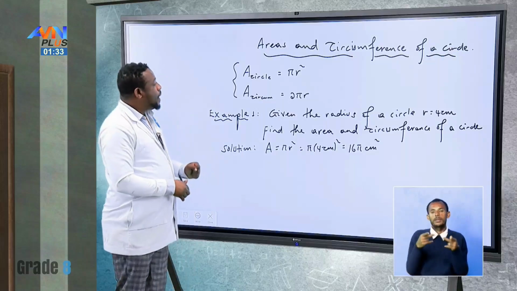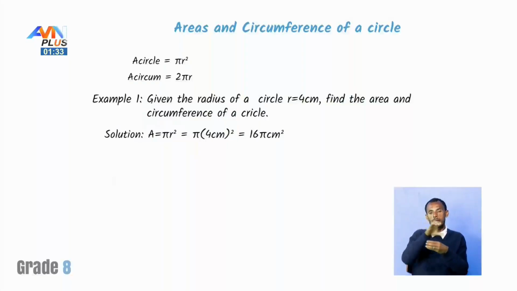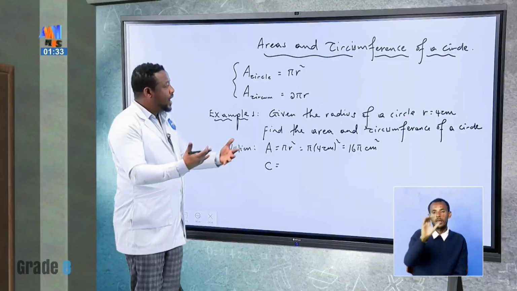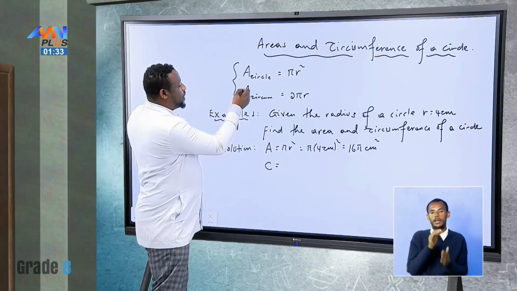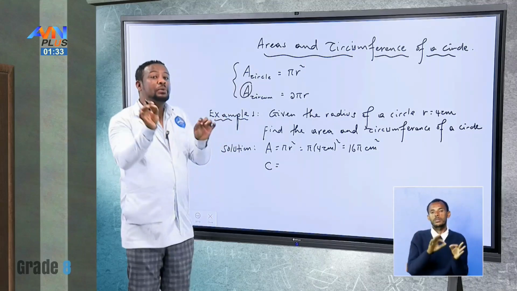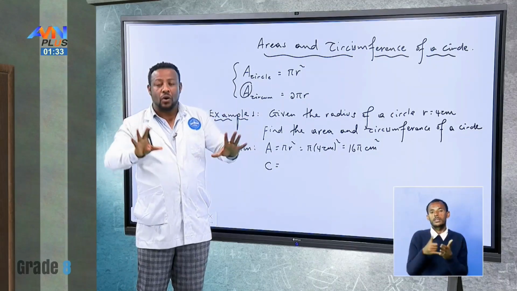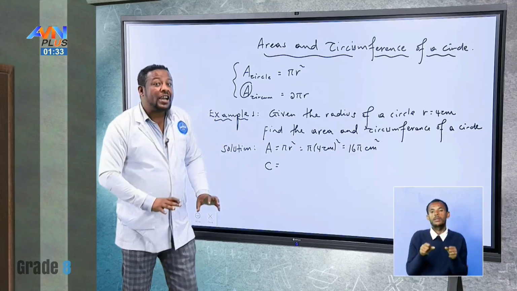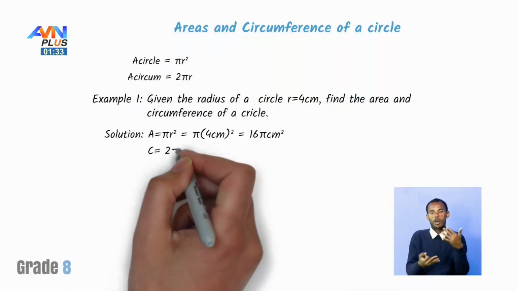When we come to the circumference, I prefer to use C because it matches with the naming. I need you to use, in place of this A, capital C, so that you can identify whether it is circumference or area. So the circumference of a circle is defined by the formula 2 pi r.